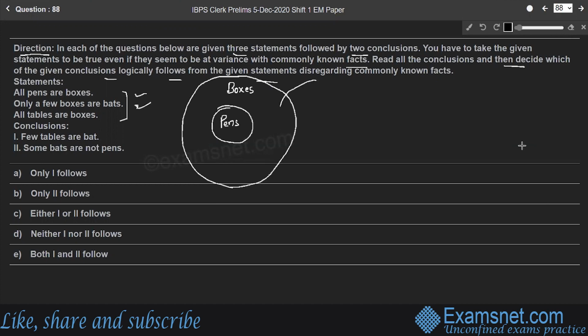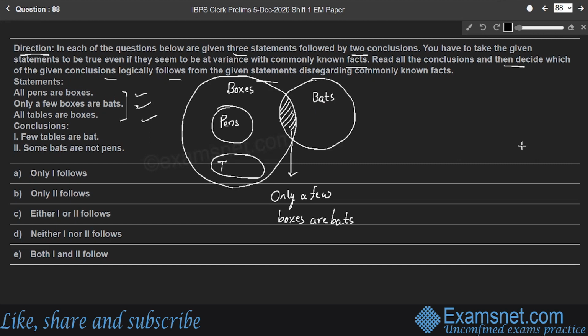So that means there is another set of bats, and the common portion, this portion represents only a few boxes are bats. Third statement, all tables are boxes. There is another set of tables. This represents all tables are boxes.